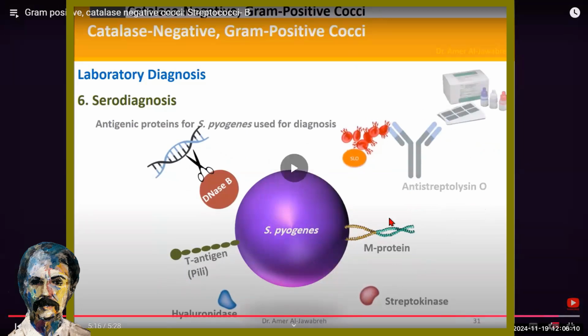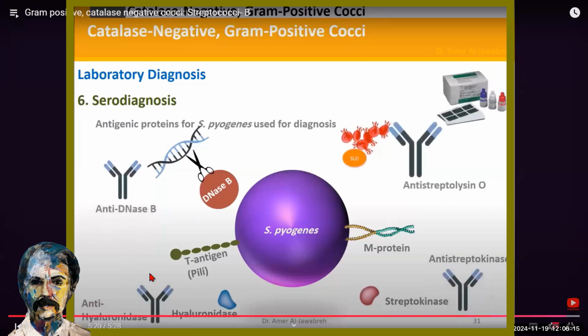Anti-streptolysin O test, ASOT, anti-DNase, anti-hyaluronidase, and anti-streptokinase. All of these are antibodies produced by our immune system in response to DNase, hyaluronidase, streptokinase, and M protein. But the one that has been commonly utilized in laboratory diagnosis is anti-streptolysin O.